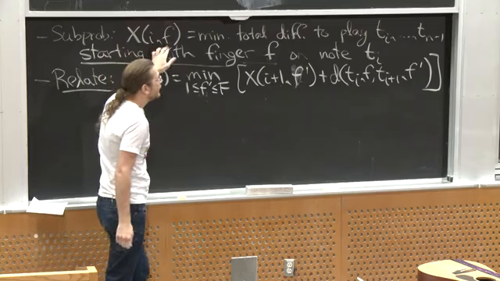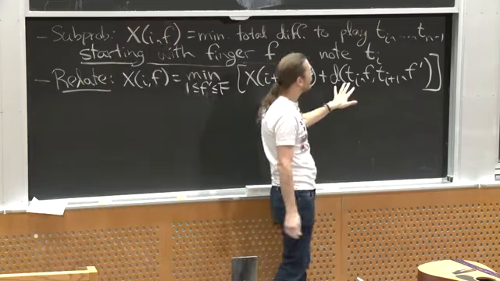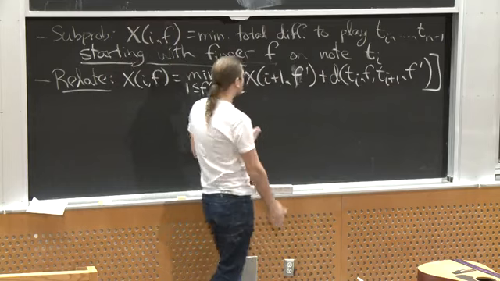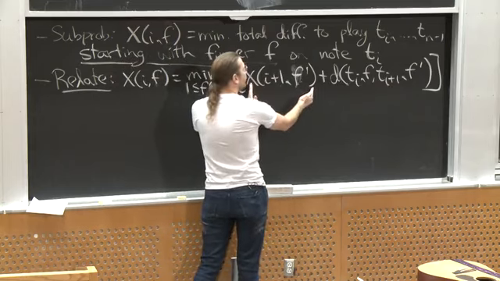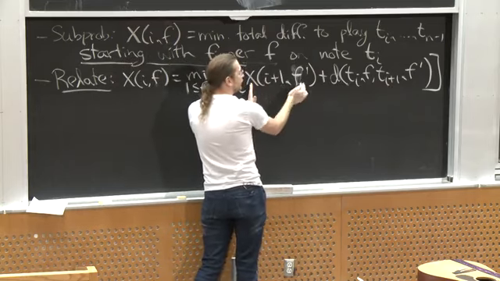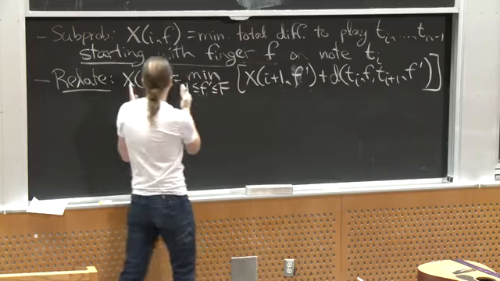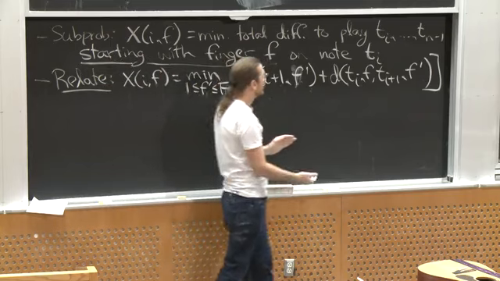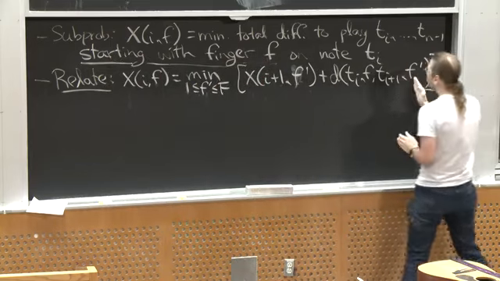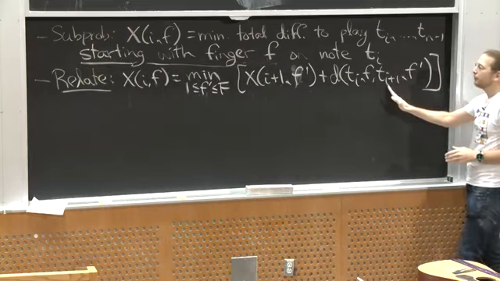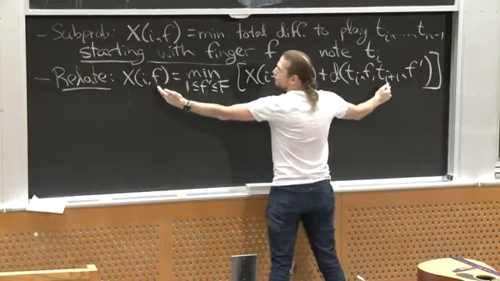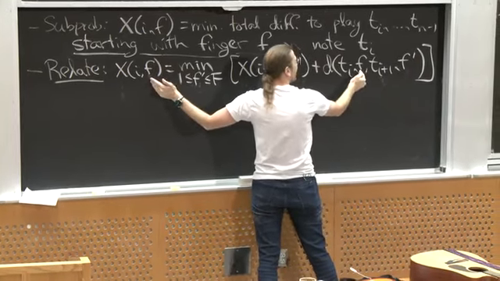finger f, I'm remembering in this call what finger I started with, because I told it you have to start with finger f prime. And so locally to x_i,f, I know what finger f prime is being used for t_i plus 1, and also, because of the definition of x_i,f, I know what finger I'm using for t_i.